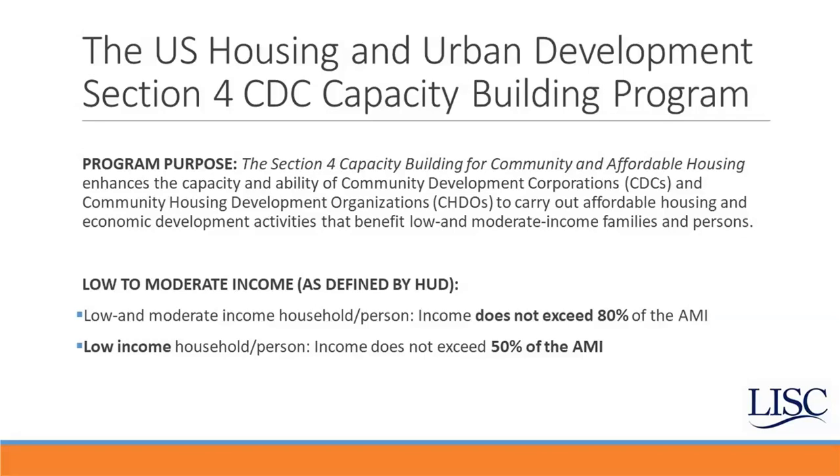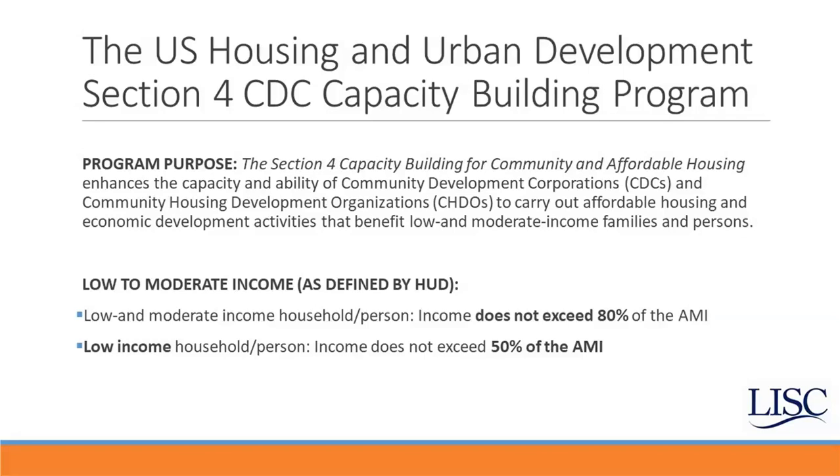So just a little bit of background about the Section 4 program. It was created in 1993 for the explicit purpose of building the capacity and the ability of CDCs and CHODOs to carry out community development activities and economic development activities that benefit low to moderate income families and people.